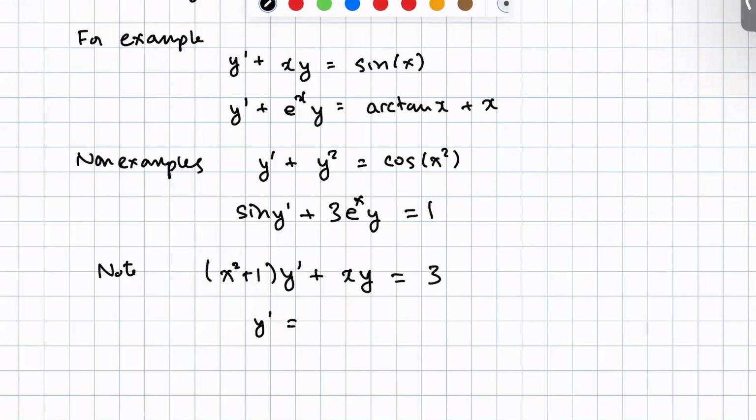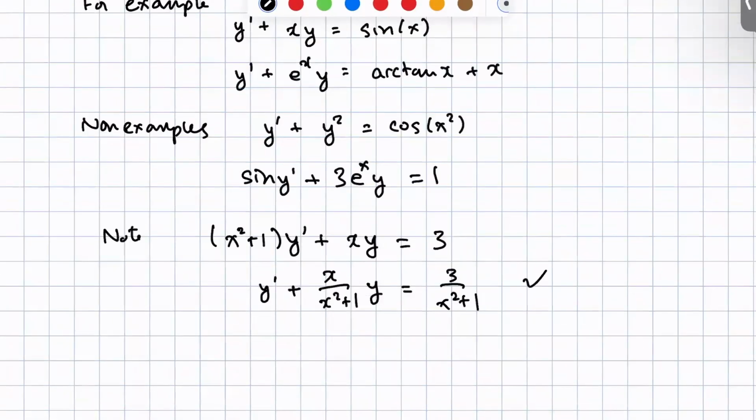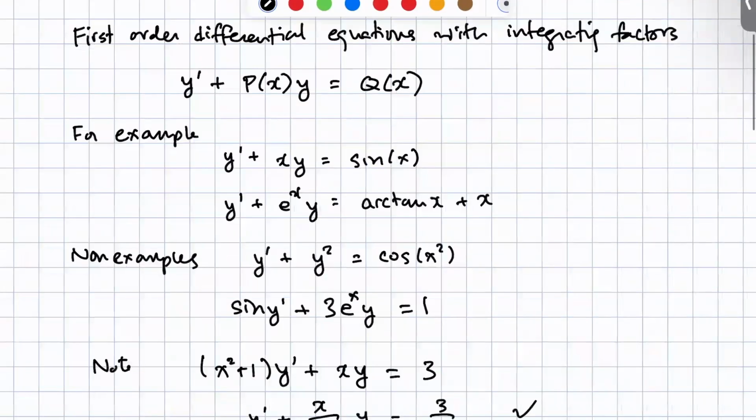But I can divide by x squared plus 1, and I obtain y prime plus x over x squared plus 1, y equals 3 over x squared plus 1, and this form is okay. So if you can manipulate the equation so that you have something of this particular form, then that still counts.